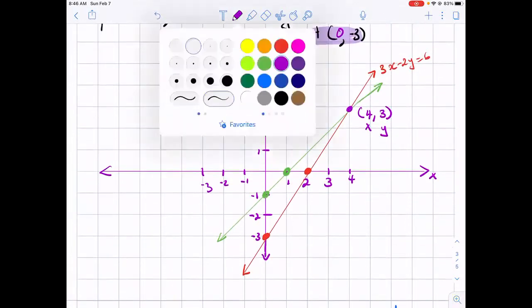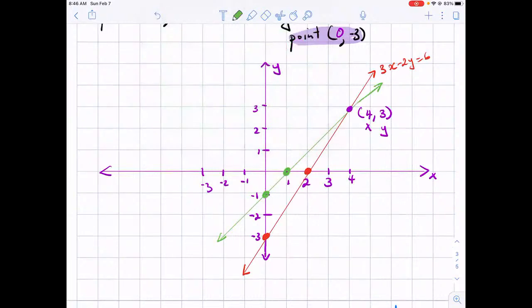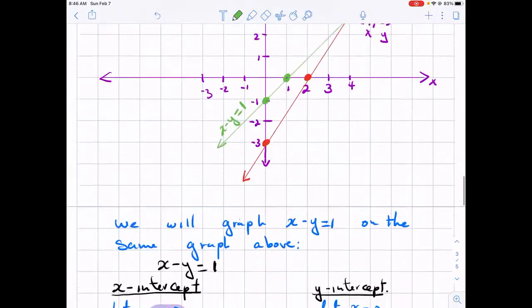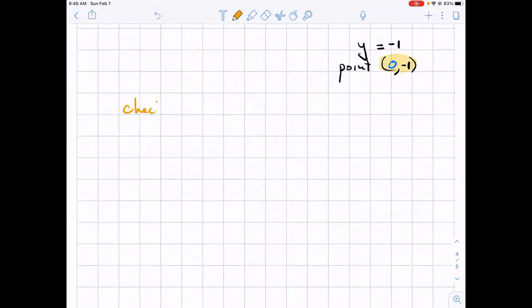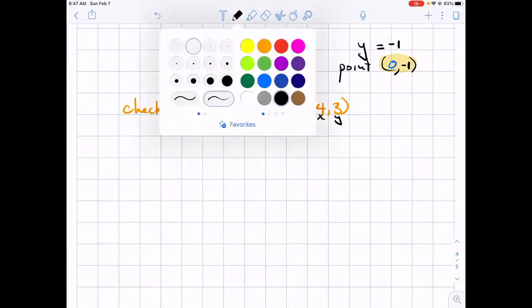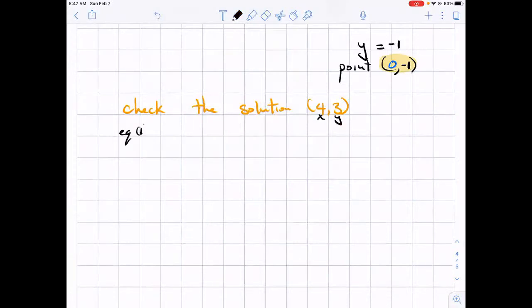So my green equation here is x minus y equals 1. Okay? So 4 comma 3. Let's check the solution 4 comma 3. Remember, this is x and this is y. Our first equation, equation 1, was 3x minus 2y equals 6, right?